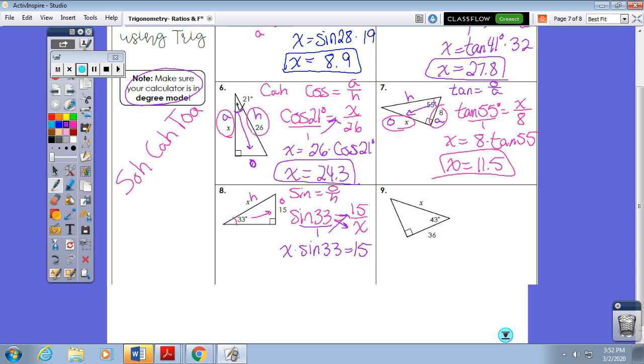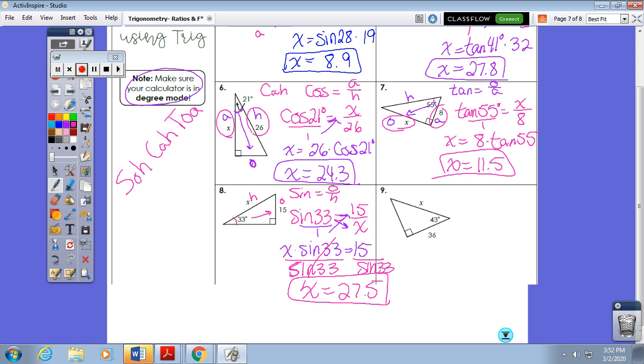So now I have to solve this all the way through. So I want to know what x is. So I'm going to divide both sides by the sine of 33. So these cancel. X is going to be equal to, you take 15 divided by sine of 33 in your calculator, you get 27.5.